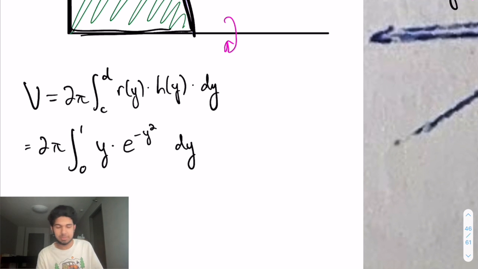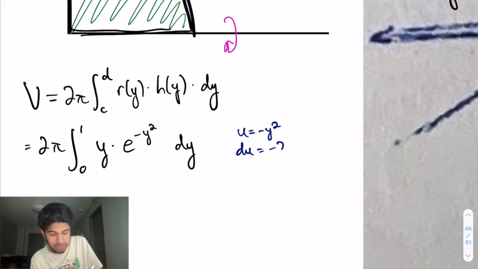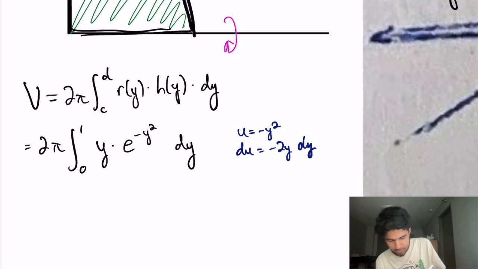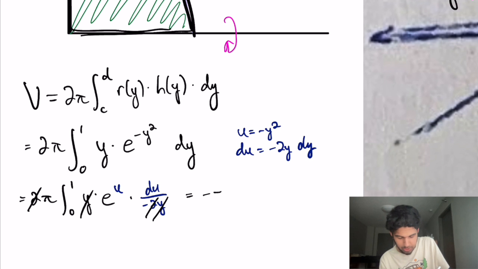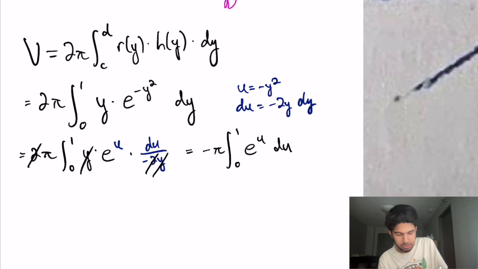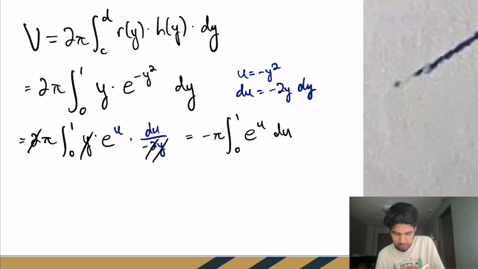For this, we can use some u substitution. u equals negative y squared. du equals negative 2y dy. This integral simplifies to 2 pi integral from 0 to 1 of y times e to the u times du over negative 2y. We can cancel out a y here, we can cancel out a 2 here, we get negative pi integral from 0 to 1 of e to the u du. Integral of e to the u is e to the u.